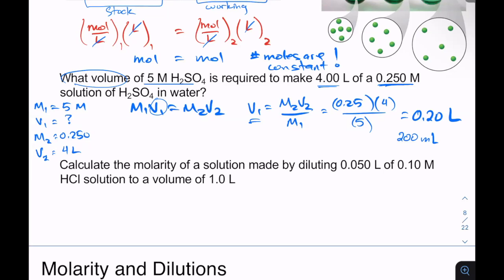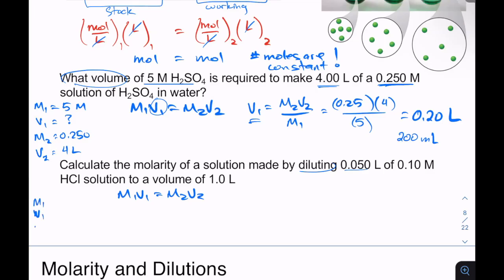Let's make sure. So we're going to calculate the molarity of a solution made by diluting. Right off the bat, we know we're working with a dilution. So I'm going to write down my formula, M1V1 equals M2V2. Let's write down what we know and what we don't know.